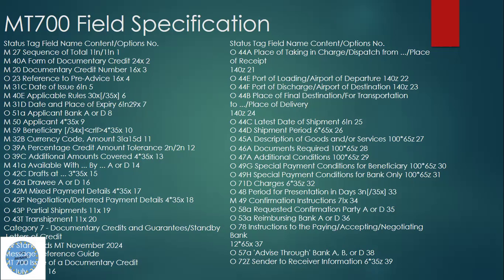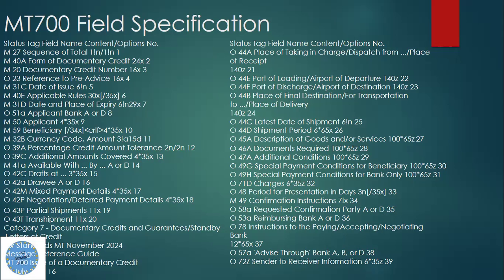And then field 31C, which is a mandatory field, is the date of issue, which is of a fixed length of 6 characters. And then 40E is a mandatory field again, which is the applicable rules, with a 30x character set, followed by a 35x character set, which is optional.